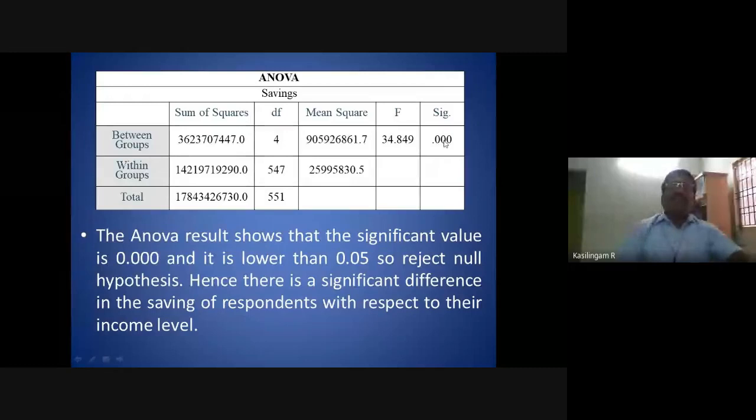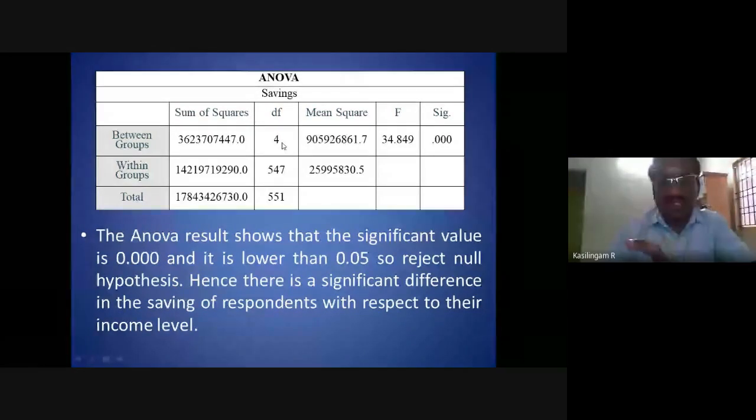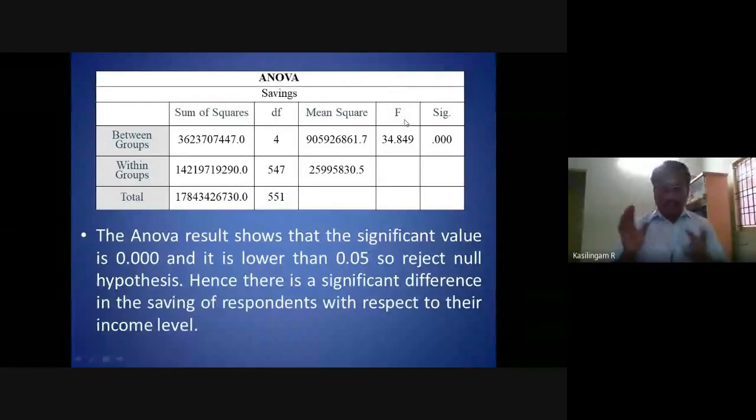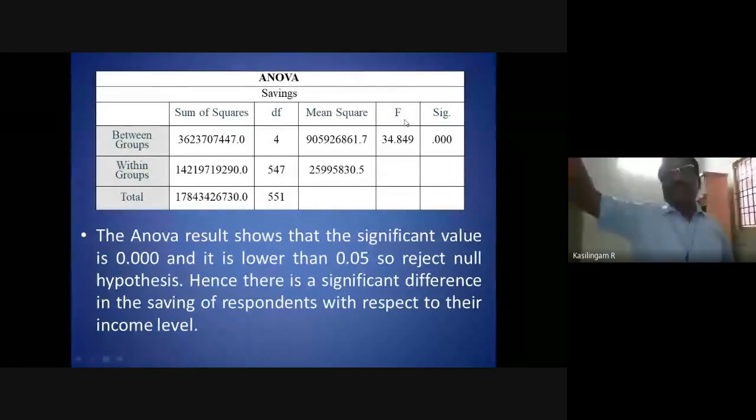Okay. But whenever you are presenting in a thesis, we don't require the sum of square, degrees of freedom, mean square, all these things are not necessary. You have to present this F value. I have not written here how to present, because in the F table you have to see the F value and the significant level with both the degrees of freedom.